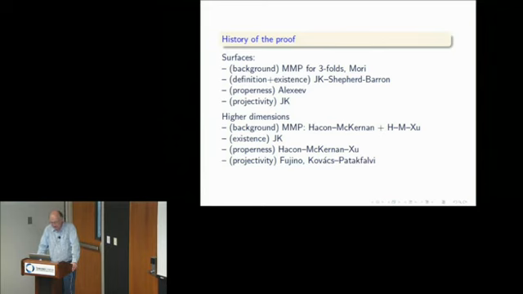I might have time for a few of them. The properness was actually much harder. It's a recent paper of Hacon, McKernan, and Xu. And the projectivity, the hard theoretic aspects were settled by Fujino a few years ago, and then the final proof is by Kovács and Patakfalvi just last year.